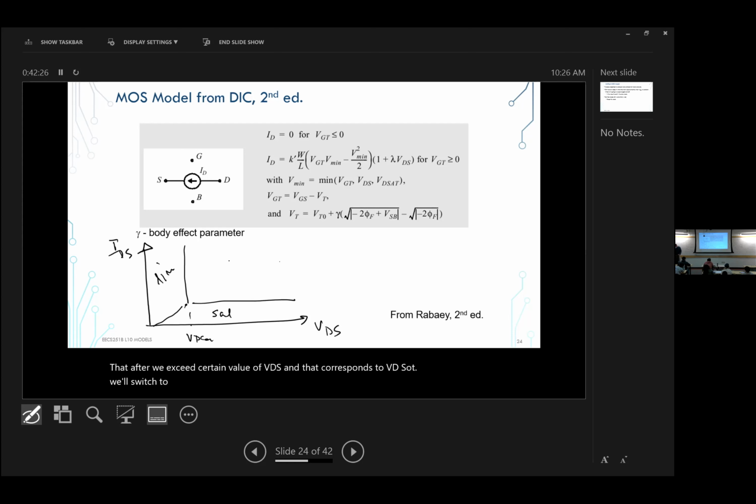So this would be essentially a three-domain model: linear, saturation, velocity saturation.